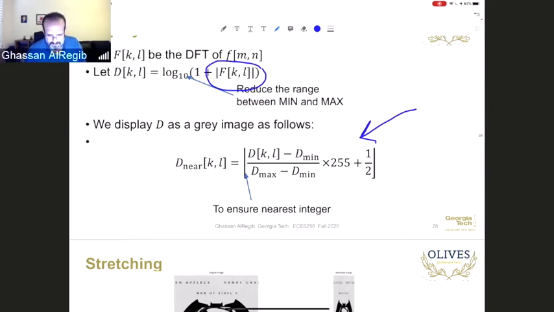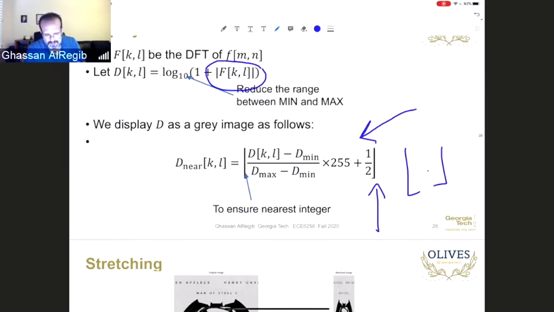And this is a flooring function. That means it gives the lower end of the integer, not rounding up, but rounding down to the nearest integer. And this is basically how we plot DFT in the standard form.